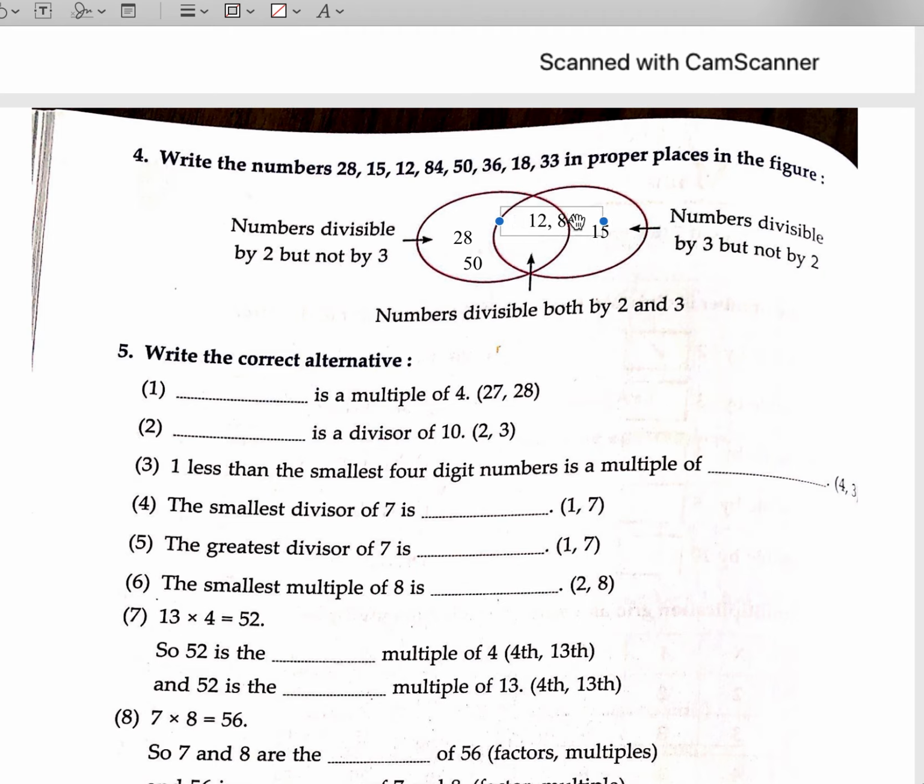So we'll add 36 to the list. Then 18 is divisible by both again. And 33 is only divisible by 3.